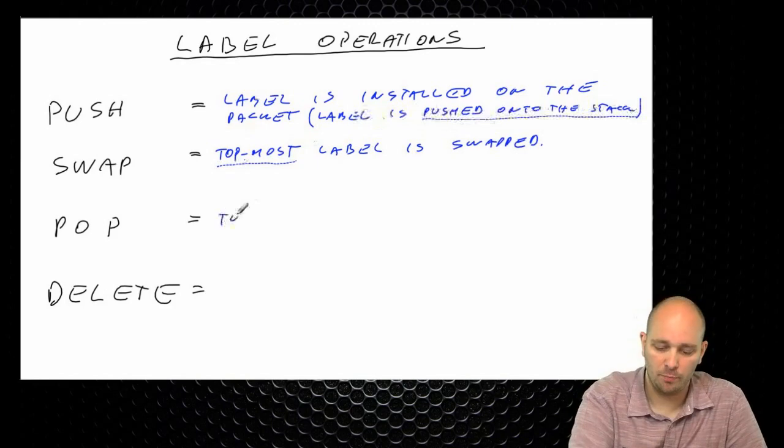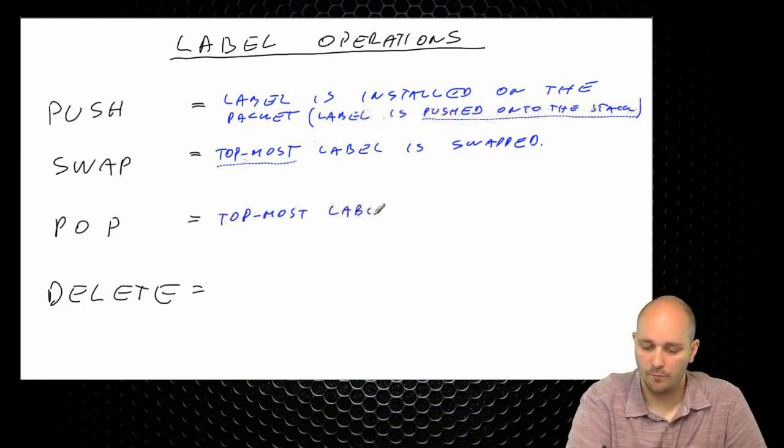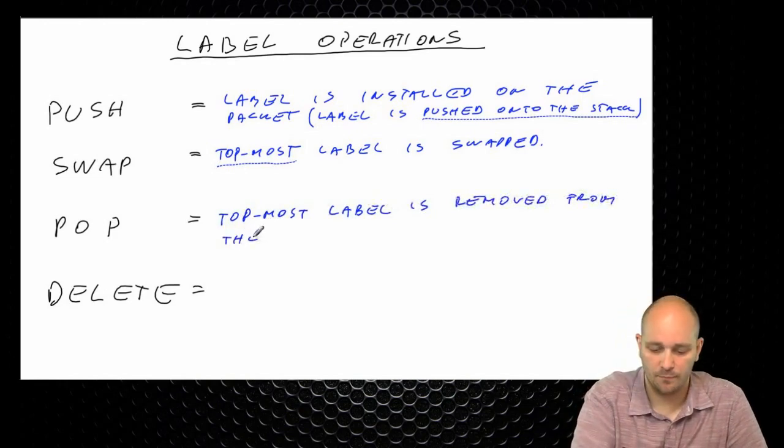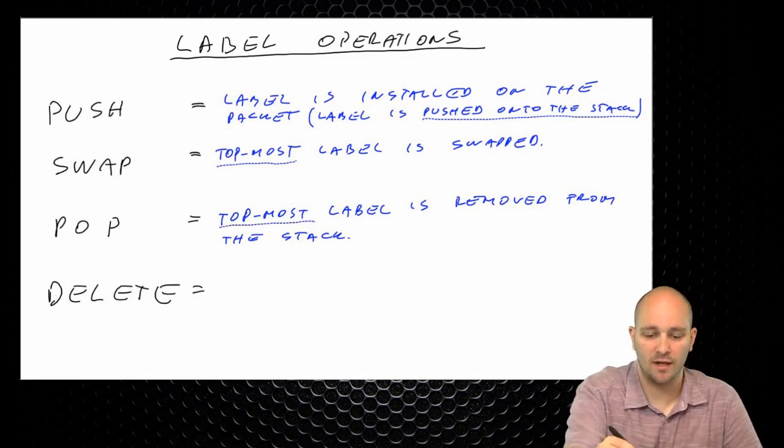Pop: topmost label is removed from the stack. And again, I will explain why this is significant.